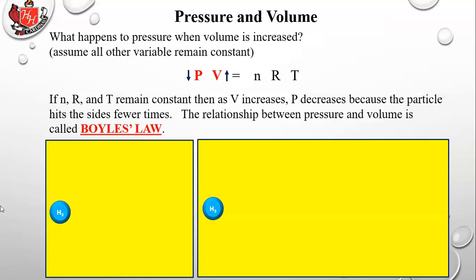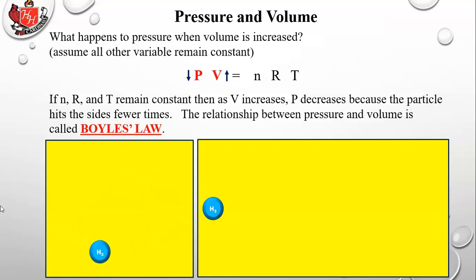Okay, so the relationship between pressure and volume is called Boyle's law. So let's look at an example. Here, the temperature is not going to change. So that means this hydrogen molecule is going to have a certain speed moving around its container. Now we think of pressure as how many times a particle hits the sides of the container. We talked about that a little earlier.